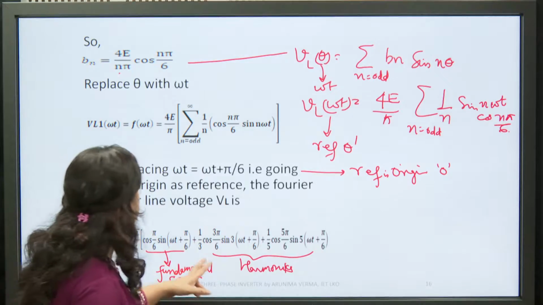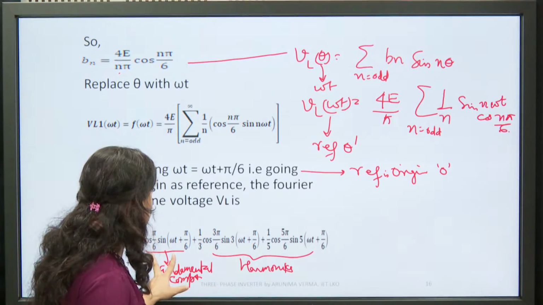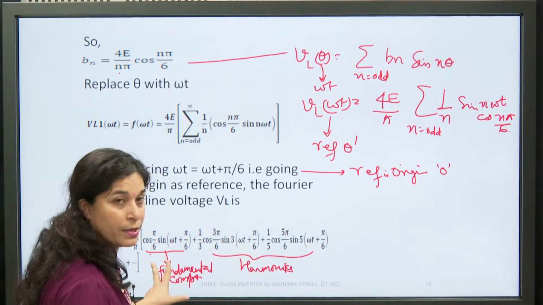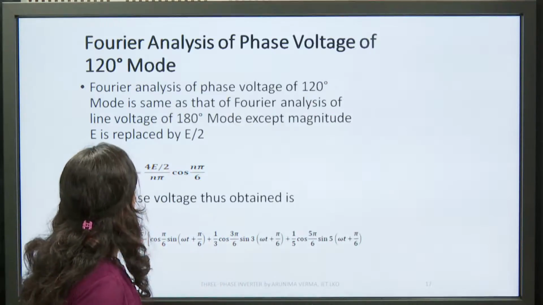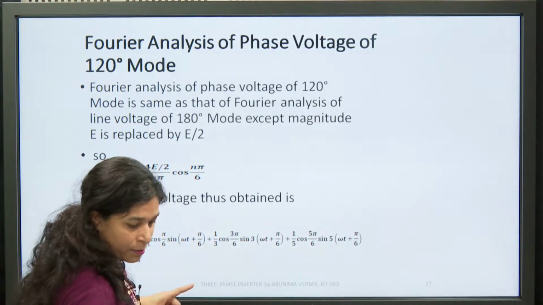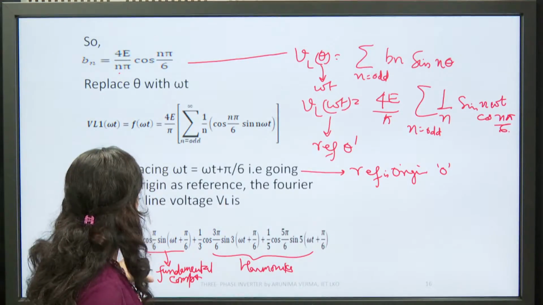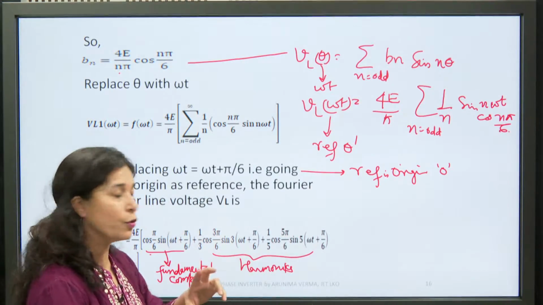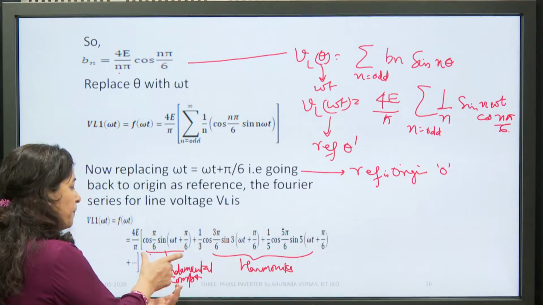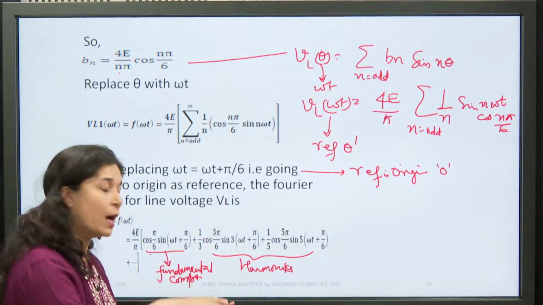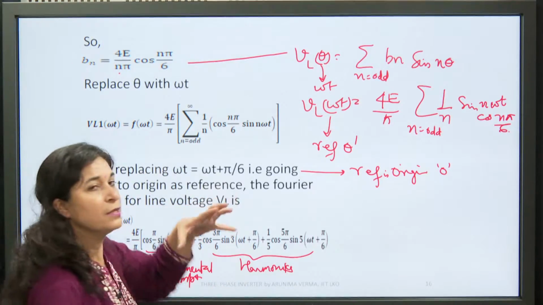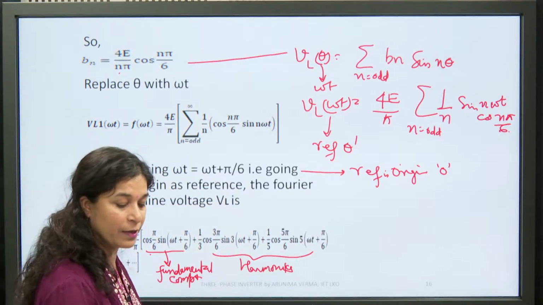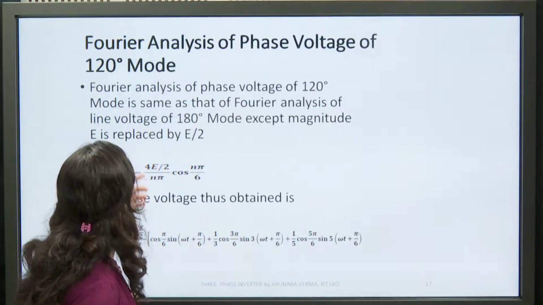To get back to the fundamental component, which you have already achieved from the Fourier analysis of line voltage in 180° mode, certain parameters will be obtained, which I am going to show you: line voltage peak, line voltage RMS, then phase voltage peak and phase voltage RMS, which are tabulated in the slides to come.